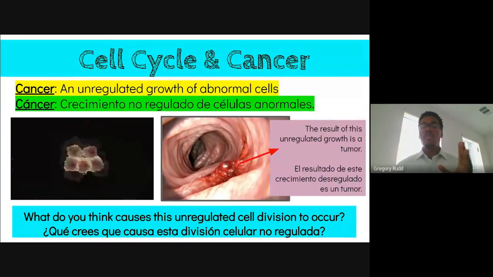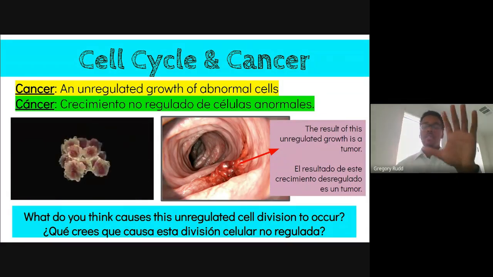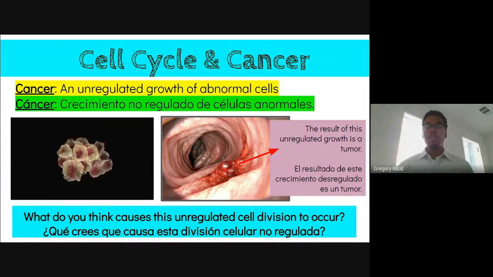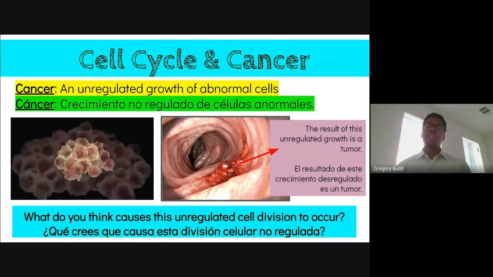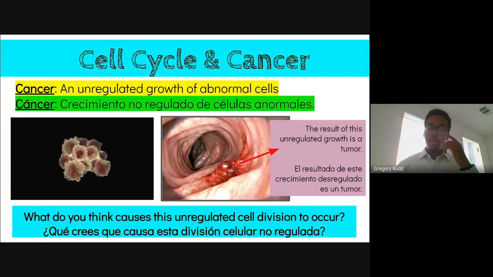But cancer cells don't know when their time is up. They just continue to reproduce. Essentially, they'll continue to reproduce unchecked unless some sort of therapy is put into place, whether that is surgery or chemotherapy or radiation. Something needs to be done to stop their growth.